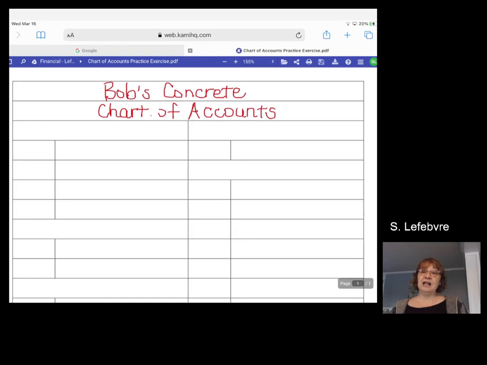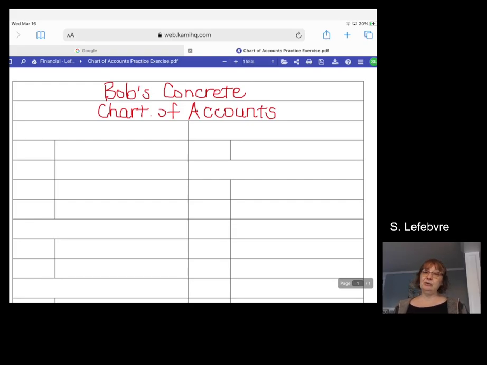With a chart of accounts, it's a little different because it isn't going to change. Once you number your accounts and set your system up, those accounts are always going to remain. So we don't need a date with our chart of accounts.